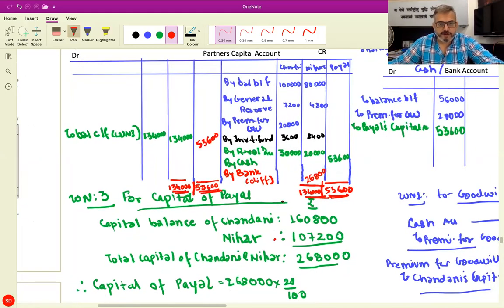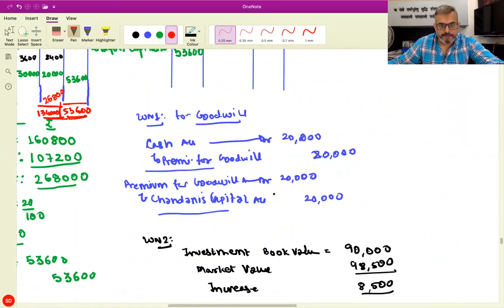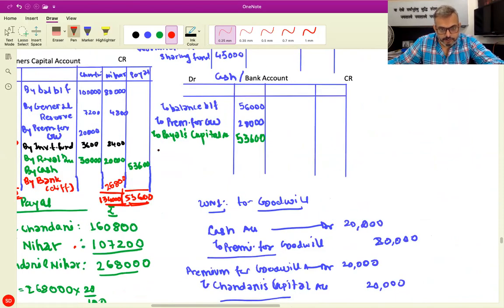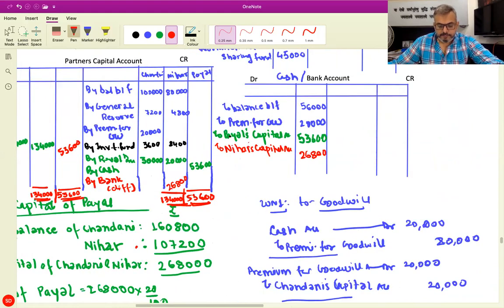Nihar's account is credited, so bank account on the debit side to Nihar's capital account 26,800.